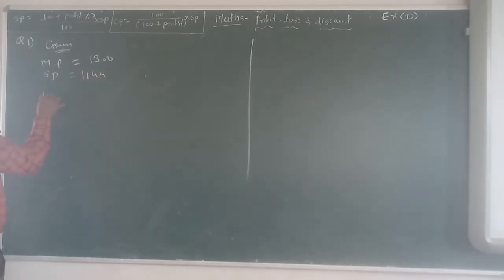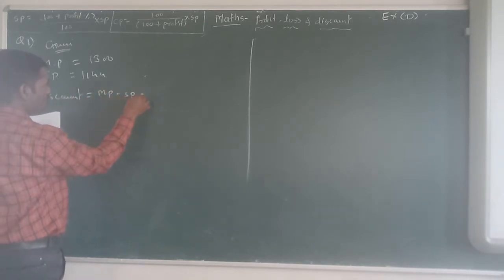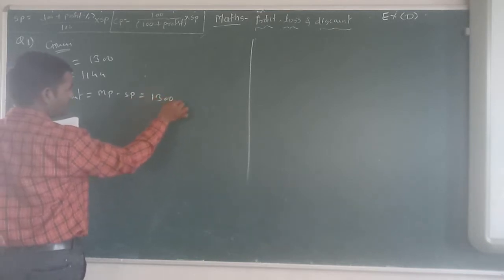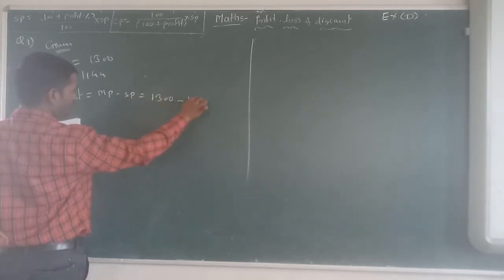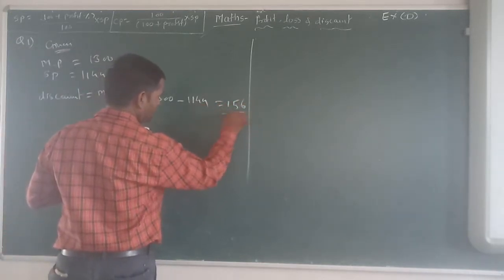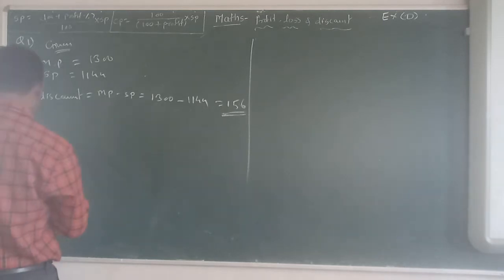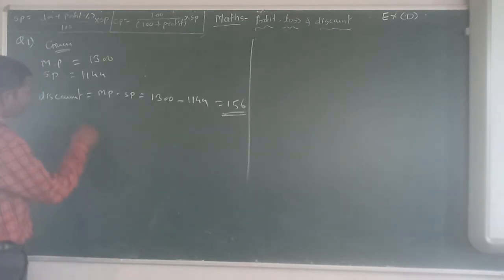So we can find the discount. Discount is equal to MP minus SP, which will be 1300 minus 1144. So the discount will be 156. We have to find the discount in percentage.